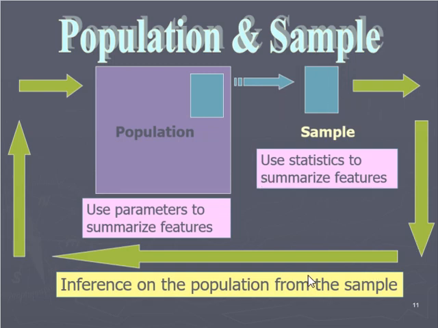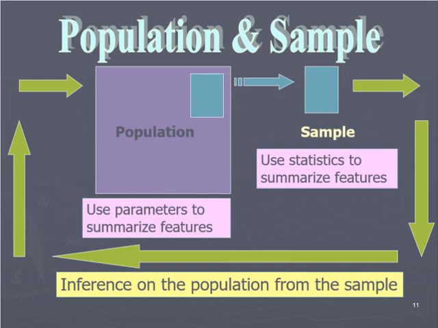And then you infer on the population from the sample. So, for example, if the average weight of the sample, let's say, is 100 kilos, di ba? Now, we can infer that the average weight of the population is 100 kilos.